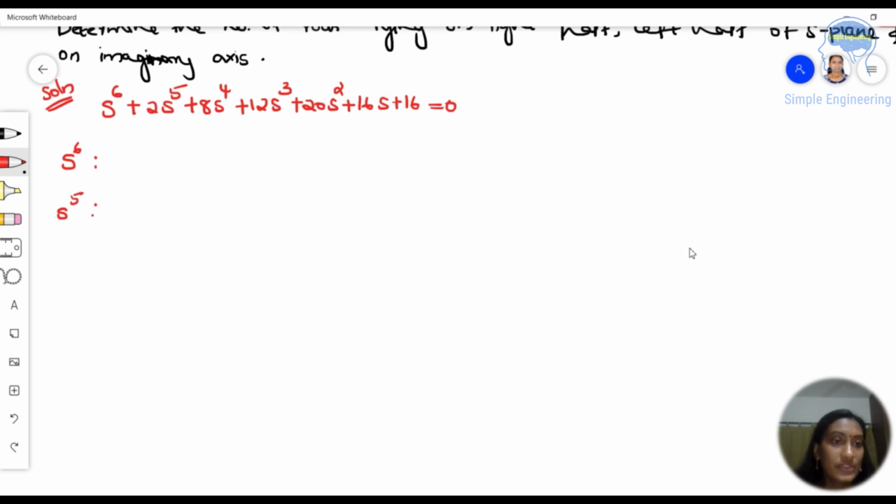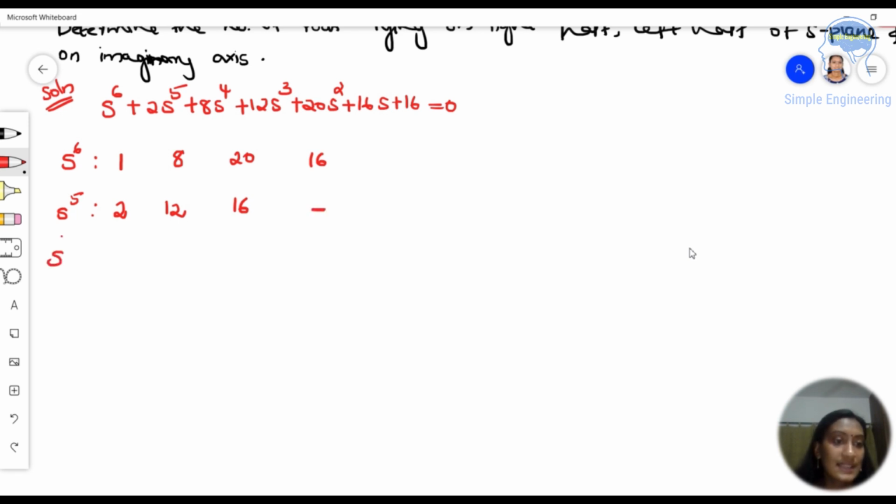So you have to take the coefficients of all these power terms. The s power 6 coefficient is 1, the s power 5 coefficient is 2. Then you write according to that: 8, 12, 20, 16 and 16. This is your even powers, and this is the odd powers. So here you don't have any number.